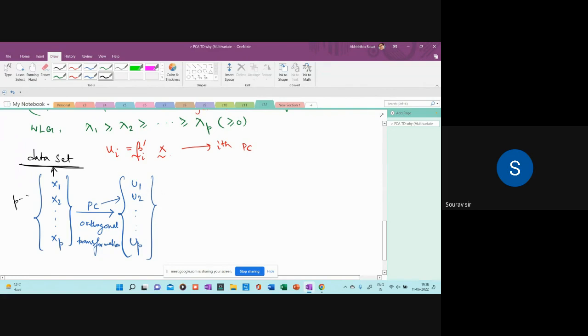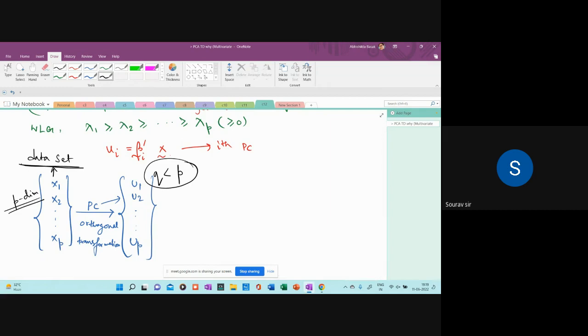This is my p-dimensional data, and I can choose some components, fewer than p. Suppose I choose some q components, which will be less than p, and these q components will be sufficient to represent my data.